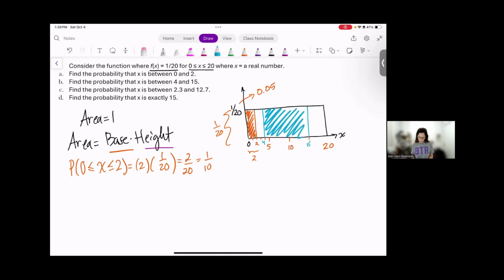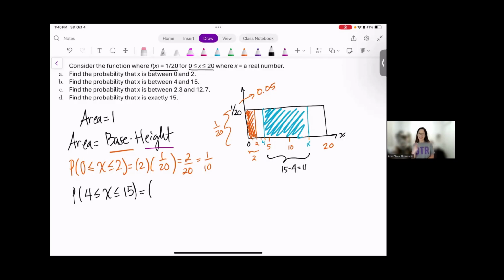How large? Well, let's calculate. The probability of being between 4 and 15 is equal to the base. Well, how far is it from 4 to 15? In order to find how far, that's a distance, which calculates with the difference, which is subtraction. So 15 minus 4 is 11.